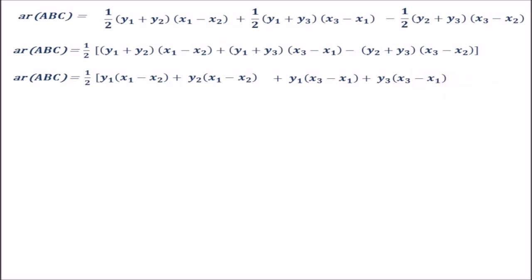Again we have used the distributive property. And finally, for the third expression also we will use distributive property, minus y2 into x3 minus x2, minus into plus minus. So minus y3 will multiply x3 minus x2.